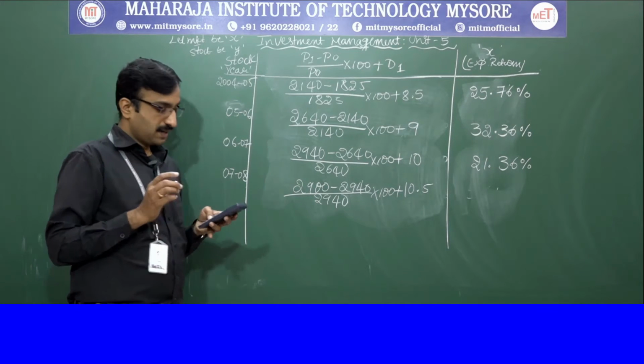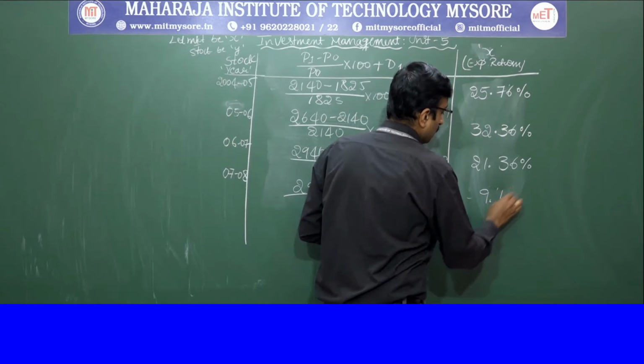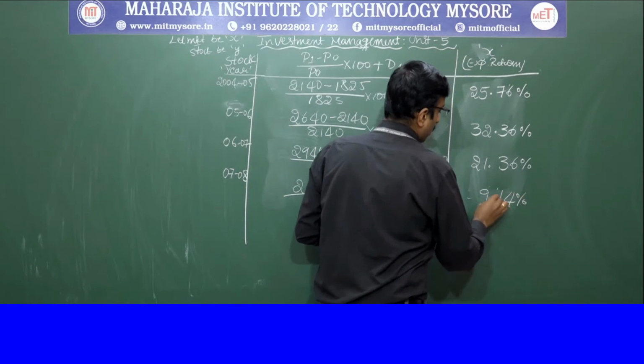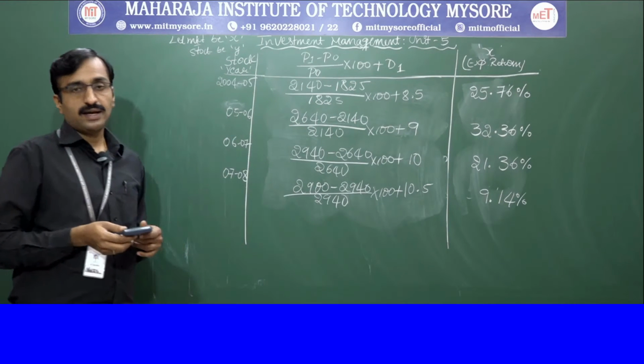So you will get 9.14% approximately. This is how we calculate the X return.